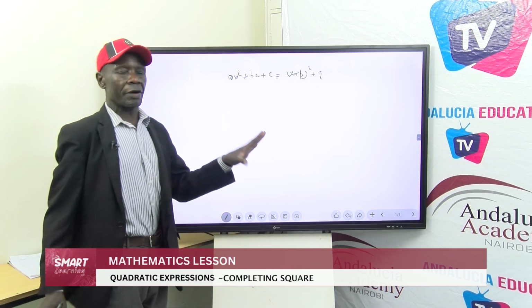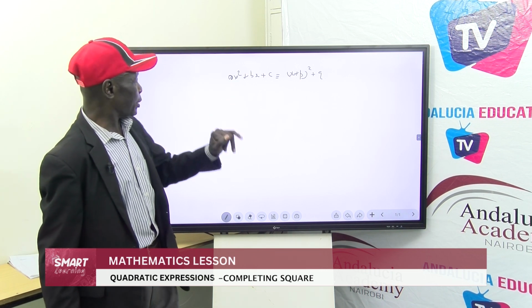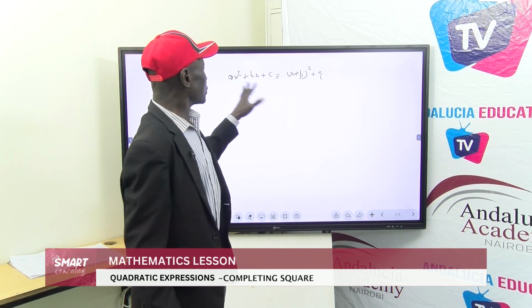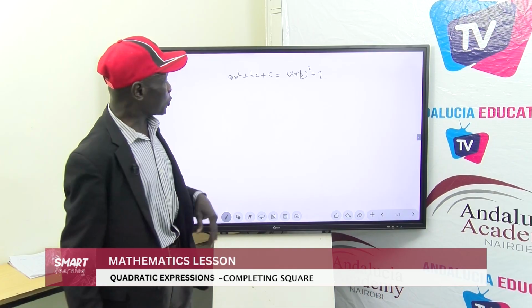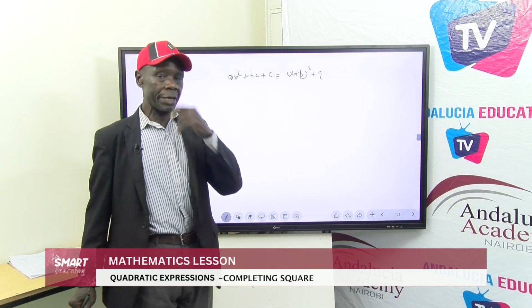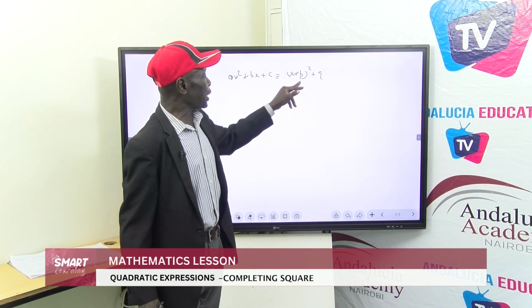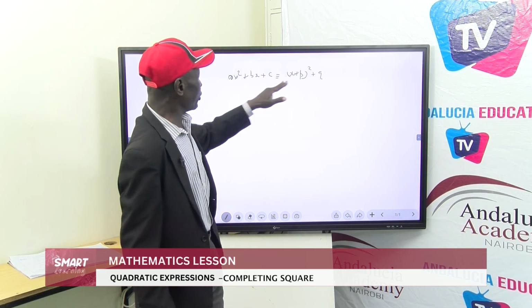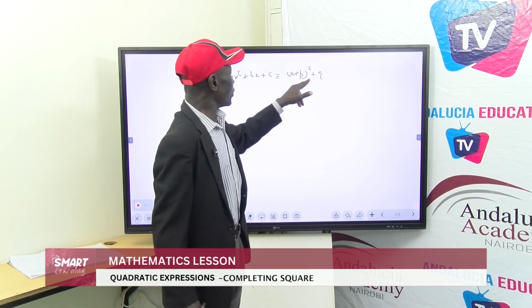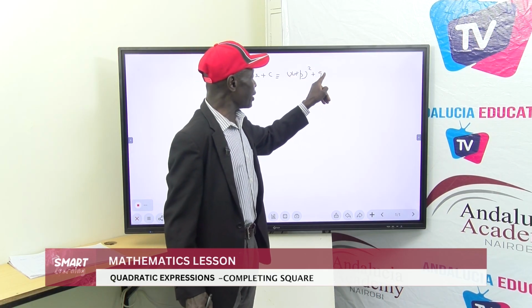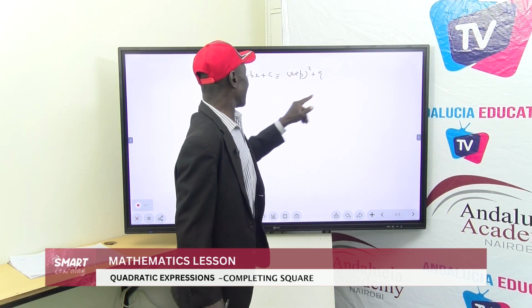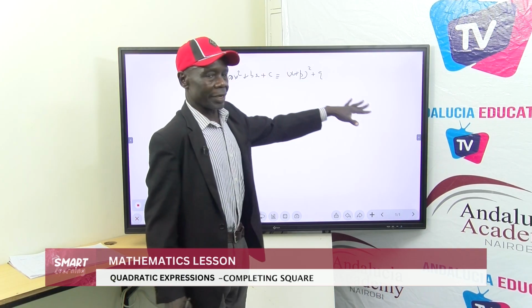I've given you the formula of how to get p and how to get q. And if a is not 1, you know what to do. Divide everything by a first, and then the new b will be divided by 2 to get p, and q will be got by your c over a minus the new p squared.